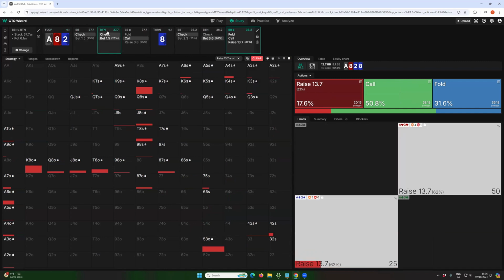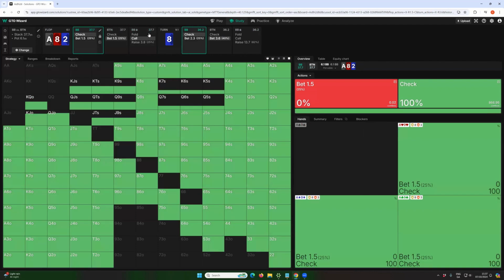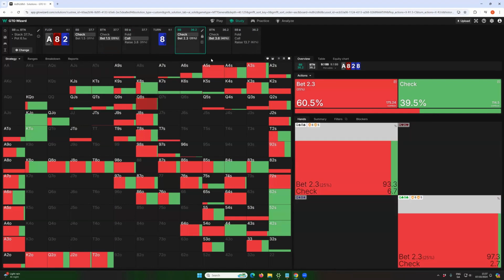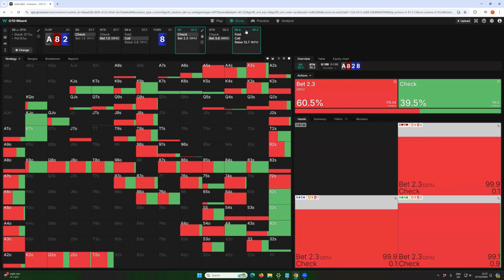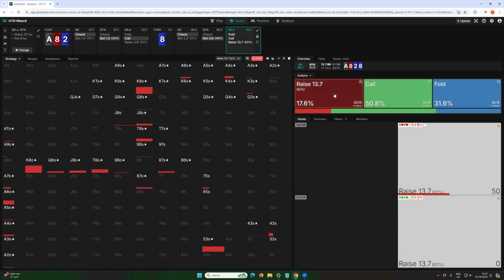And you can see that as we go through it, his range goes from this very wide to this on the turn, because we narrowed his range based on what happened on the flop. And then when he raises, it's down to this. And often by the time you get to the river, there won't be much left. There'll be very few hands, particularly against weaker players who don't balance their ranges very well and don't mix too well.